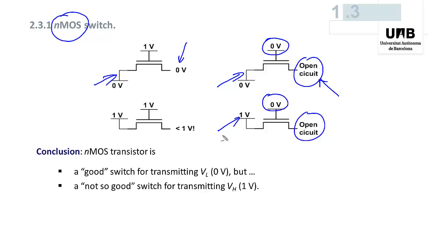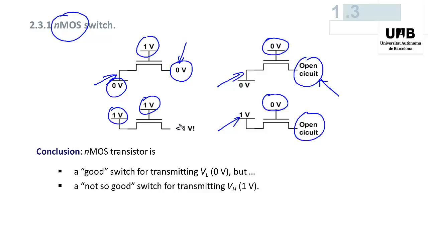Now, if the gate voltage is 1 volt, then the output voltage depends on the input voltage. If the input voltage is 0 volt, then the output voltage is also 0 volt. And the transistor in this case works like a closed switch. But if the input voltage is 1 volt, then the output voltage is not 1 volt.